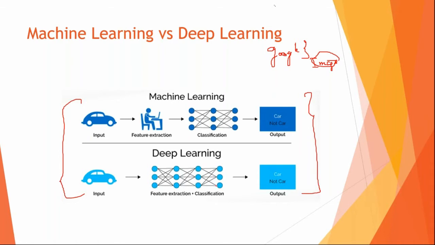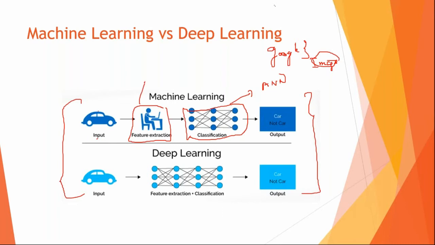Okay. So let us take, for example, you are being asked to classify whether something is a car or not a car. In the machine learning concept, here is the input, and let us take this classification stage as an ANN, an artificial neural network. What you need to do in machine learning is, somebody sits in between this image and the classifier.